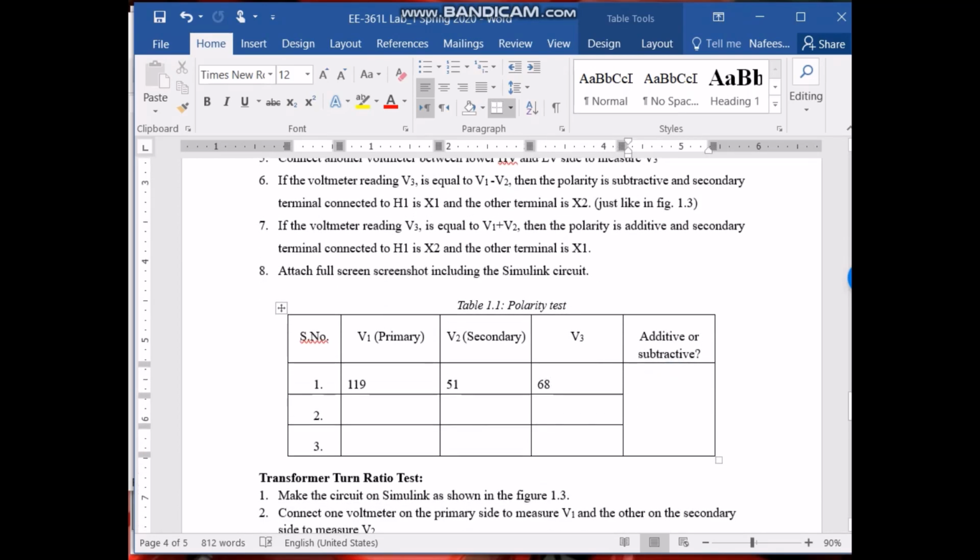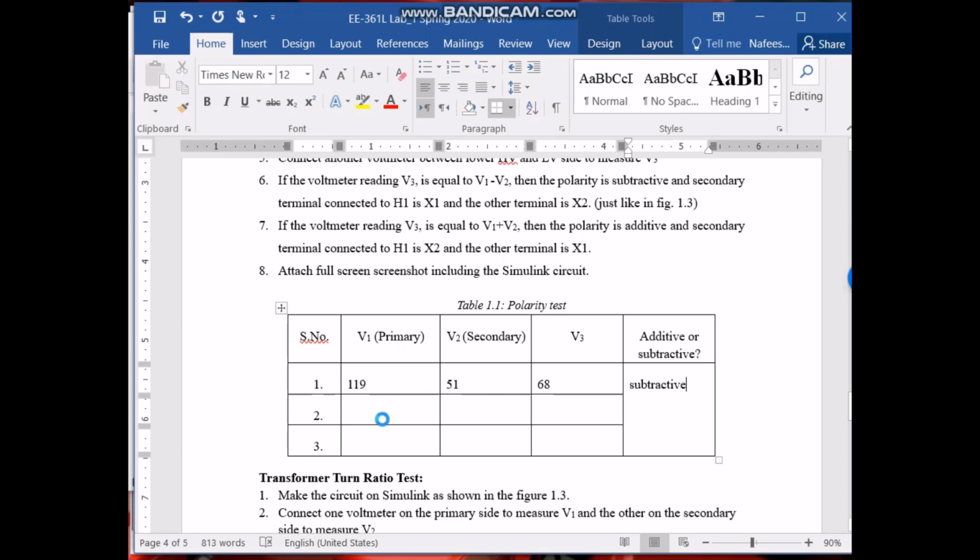So polarity is subtractive in this case. But the practical transformer that we had in our lab actually had additive polarity. The V3 was basically the addition of V1 and V2 in the lab. But here in simulation, we have subtractive polarity.